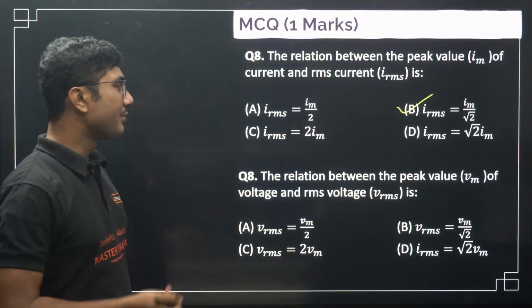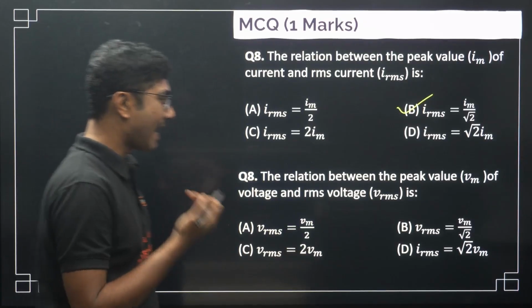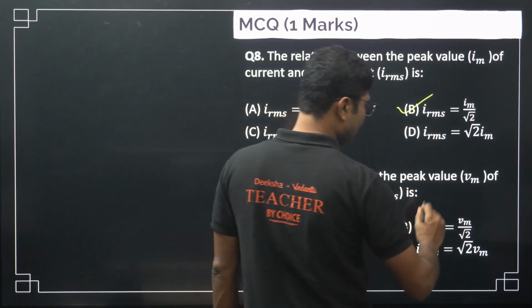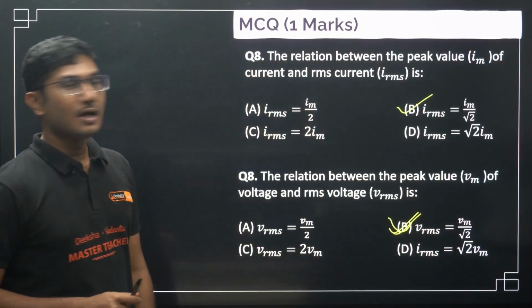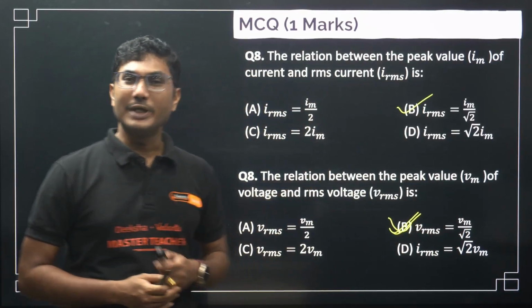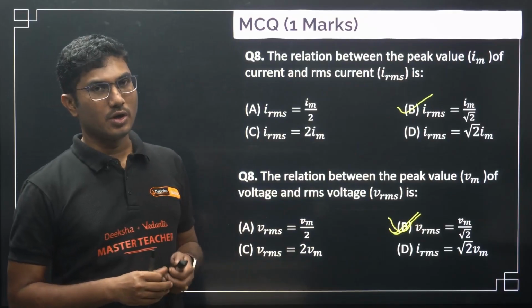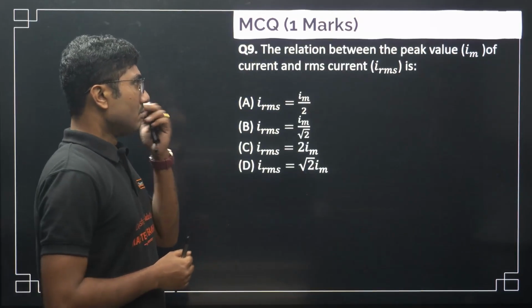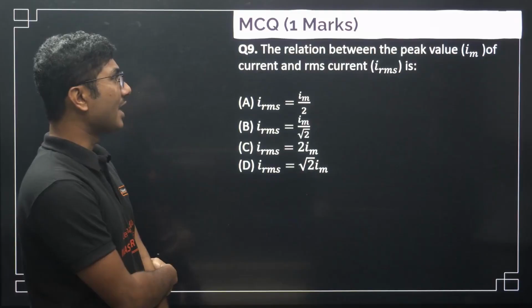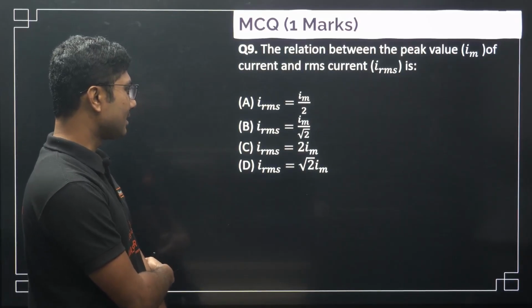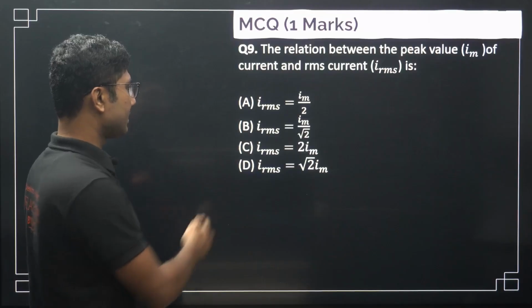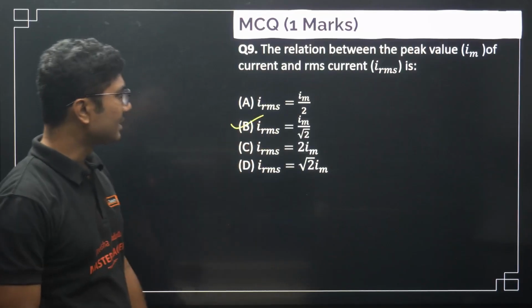The relationship between peak value of voltage and RMS value is given by this equation. You have to remember that RMS equals peak value divided by √2 always. The relationship between peak value Im of current and RMS current is given by, I think this is the same thing. Yes, same value. Somehow the question gets repeated.